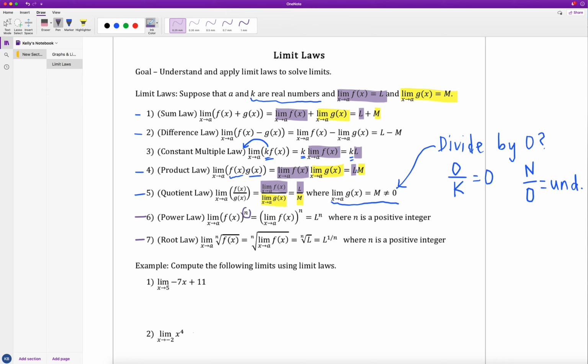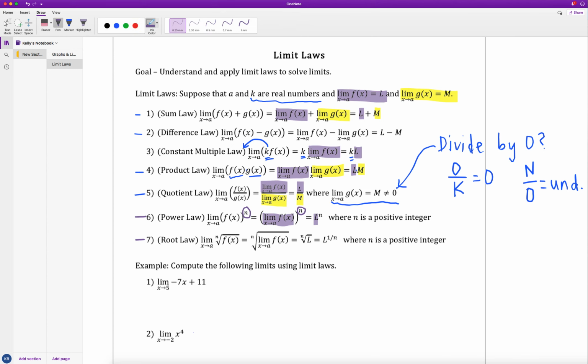So the n is just raising the function f of x, versus now the limit as x approaches a of f of x, all raised to the n. And since we know that limit is equal to L, this would be the same thing as L to the nth power, where n is any positive integer.